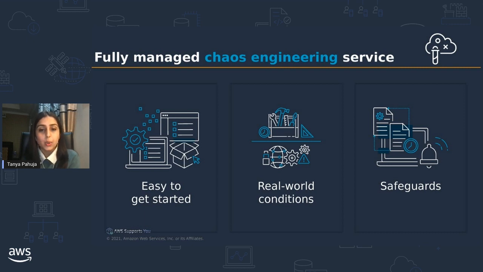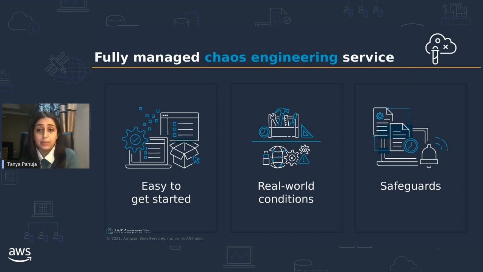So you can target all levels of your system across the host, your infrastructure, or the network. And the faults are really happening because they're injected at the service control plane level, so they're as close as possible to the real world problems that you can see with your applications.